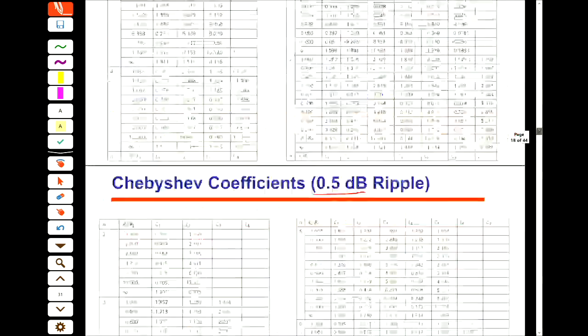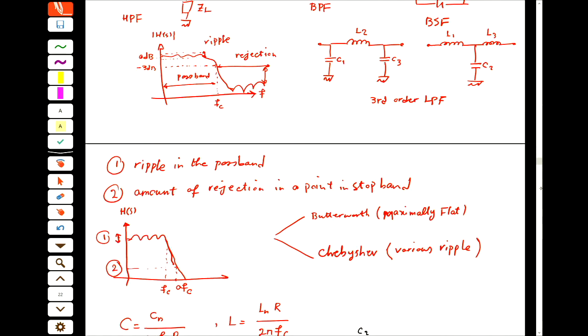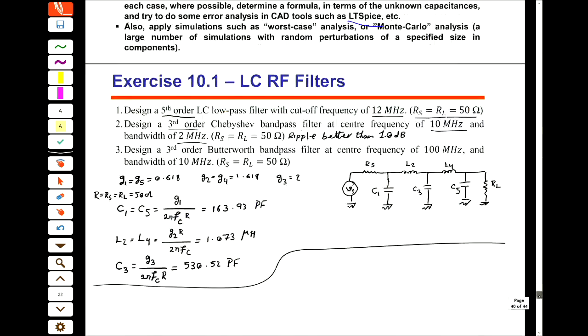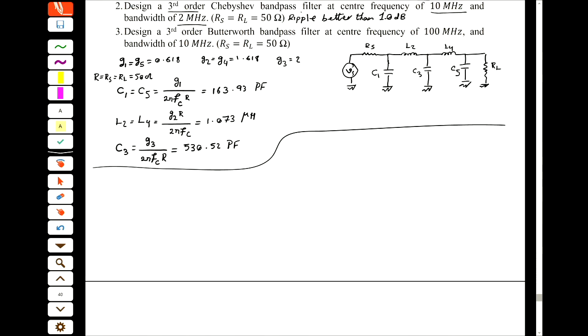If I want to, okay, I just draw something and then go back in. So the band pass filter will be like this. This is our ES, and again we can start from a capacitor or inductor, no difference.